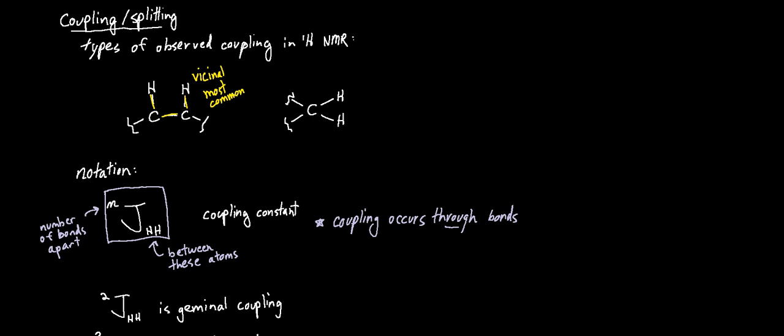But we do actually often see geminal coupling, where these protons are coupled through the same carbon that they're attached to. Often you see this in rings, where the top and bottom faces are inequivalent.